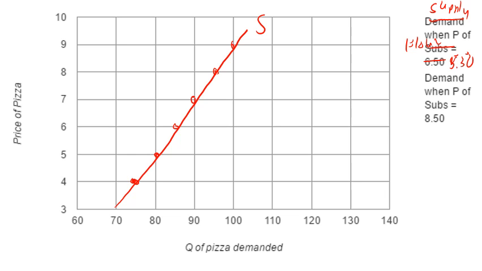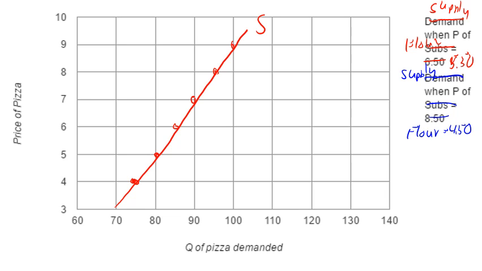So the red curve is the supply of pizza when the price of flour is $5.50. Now let's plot the supply of pizza when the price of flour equals $4.50.